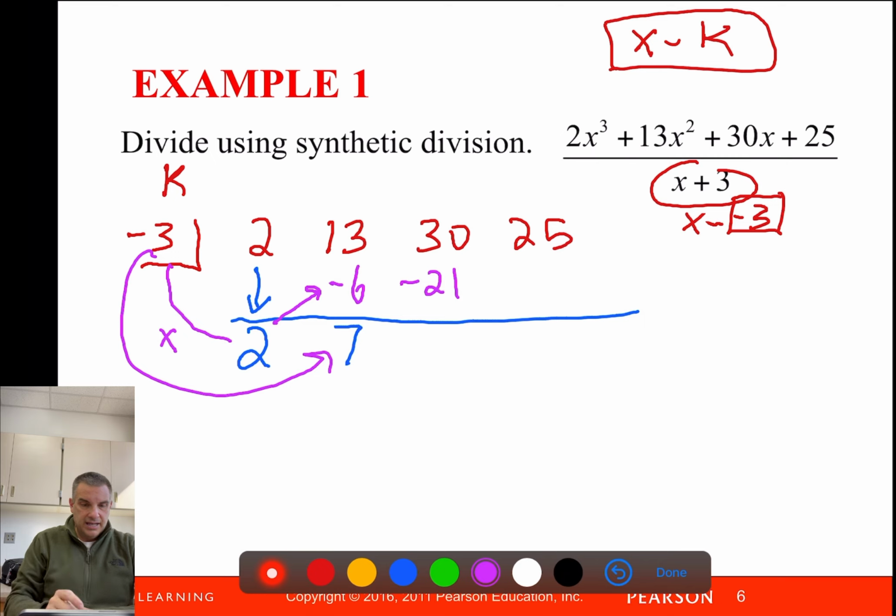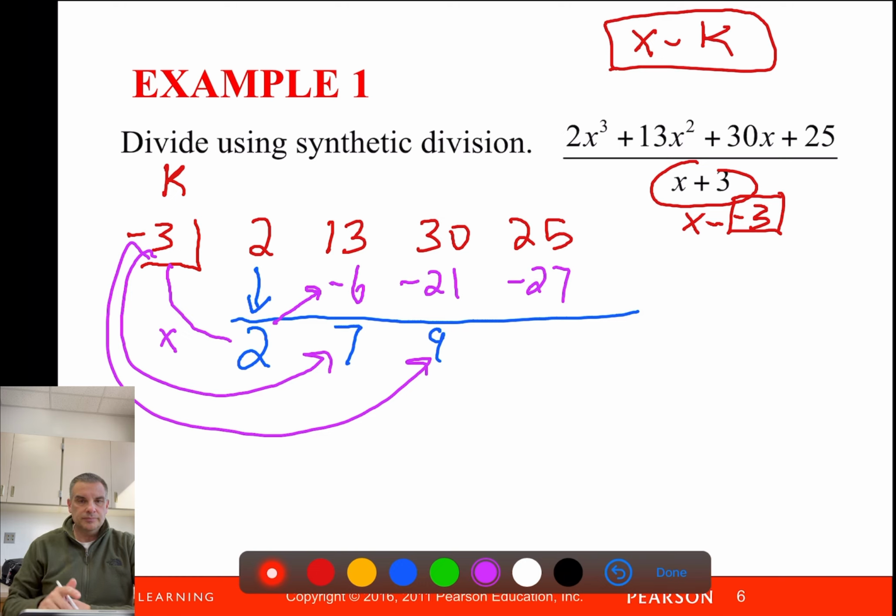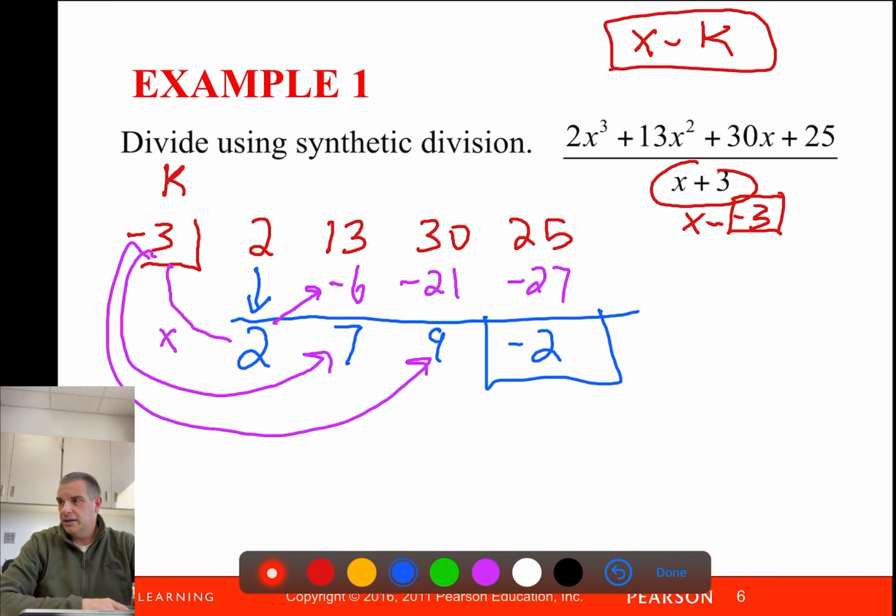Now we add those together. When we add those together, we get 9. Now we're going to multiply, because it's under the line, to get -27. Add to get -2. Now this last one right here is going to be my remainder.